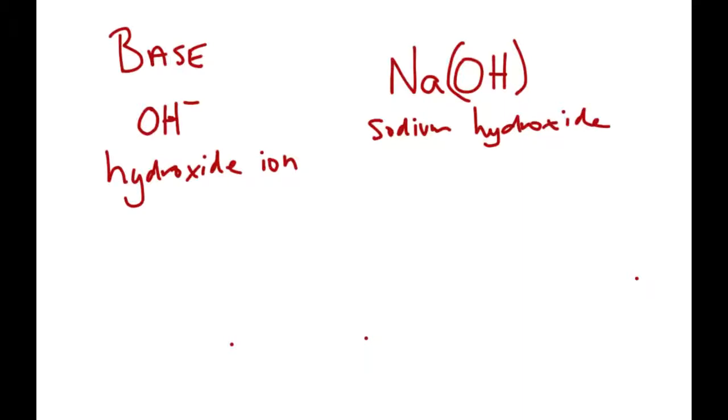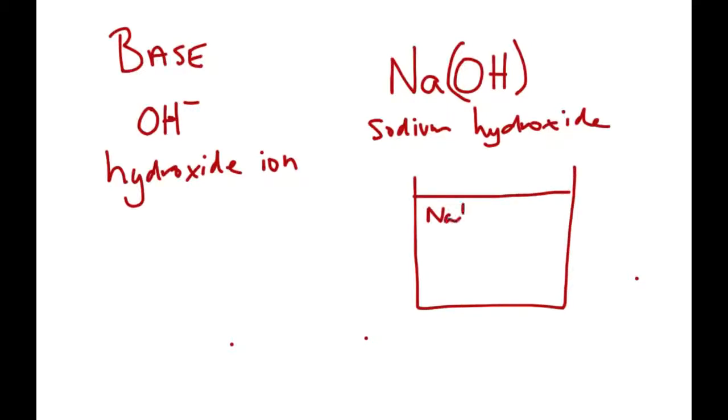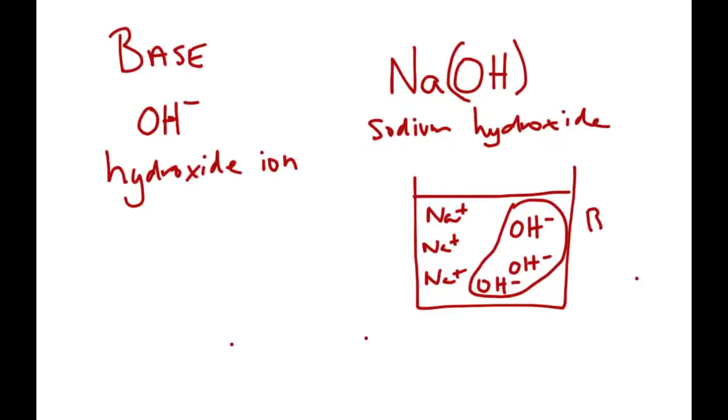And when, of course, that's mixed with water, like acids, they separate, the sodium and the hydroxide, floating around in the water, and it's these hydroxide ions that give the base its various properties as a base. When dissolved in water, bases are sometimes described as alkali solutions or alkaline solutions.